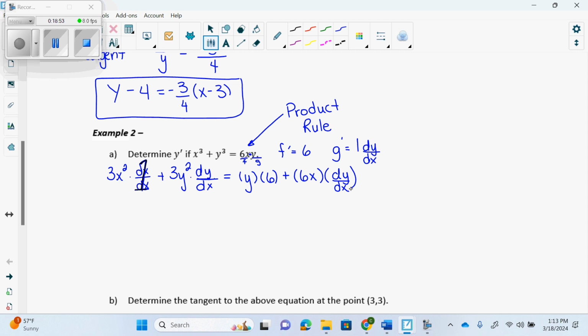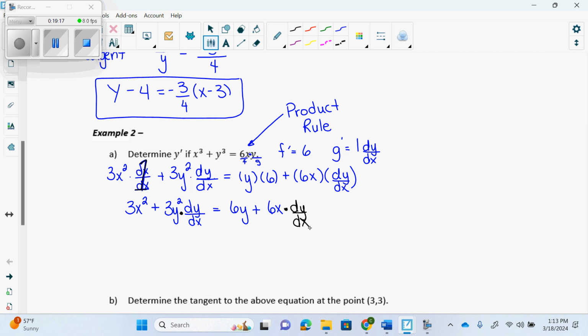So guys, I have 3x squared plus 3y squared dy over dx. And I'll put a dot in here so I realize that that dy over dx is being multiplied. Equals 6y plus 6x dy over dx.